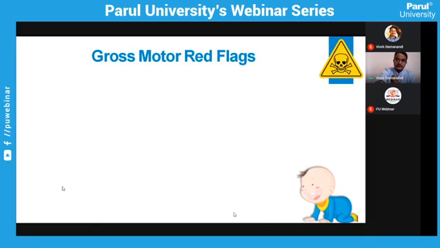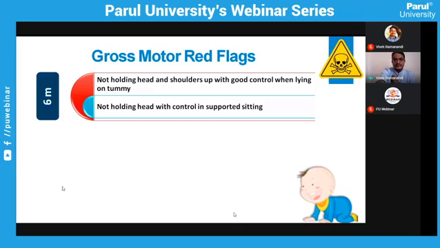Now, gross motor red flags for up to 6 months of age. If the child is not holding head and shoulders up with good control while lying on tummy, that is in prone lying, and is not holding head with control in supported sitting, then we can consider these things as red flags.